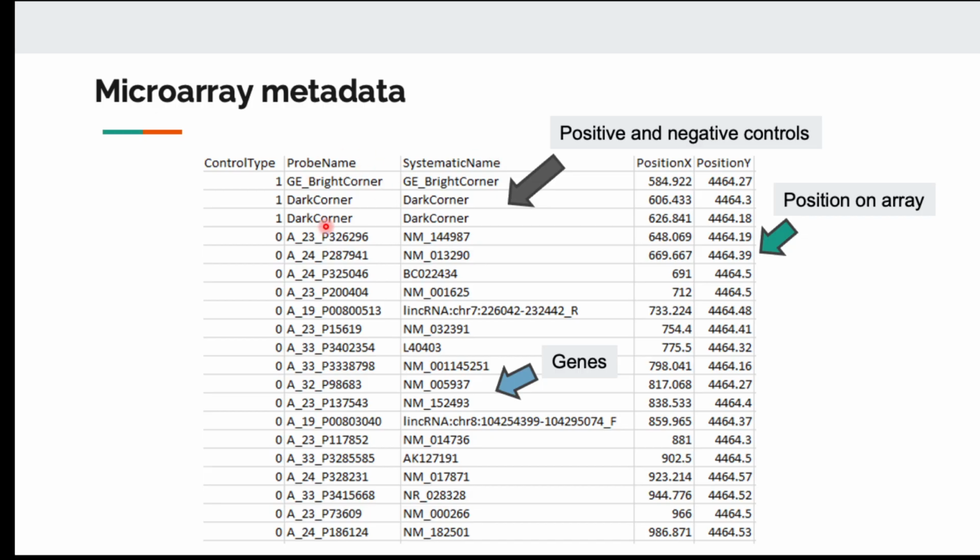What's the probe? What's the nucleotide that's being put on the array? And some nucleotides might correspond to genes, so these are gene accession IDs. But some nucleotides might be controls. So they will tell you for each position of the array: is it a spot for a certain gene, or is it for controlling the signal?